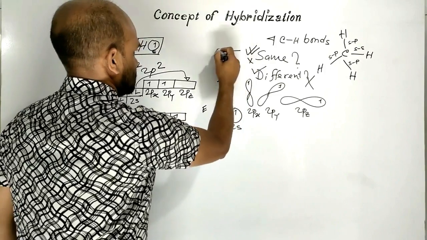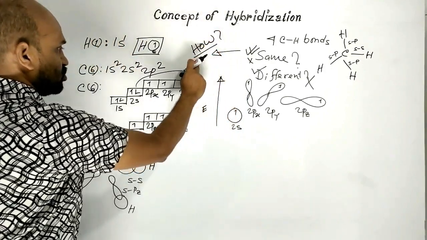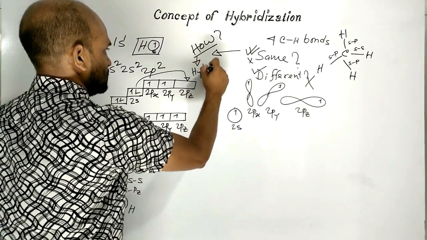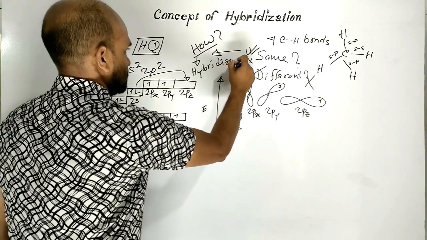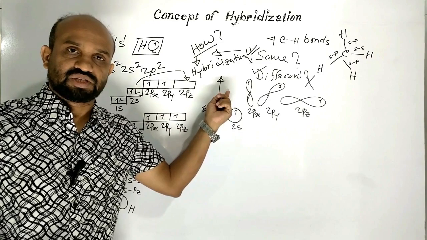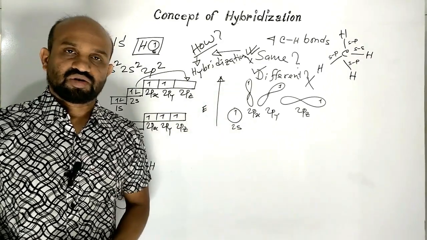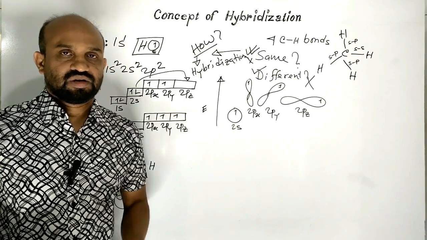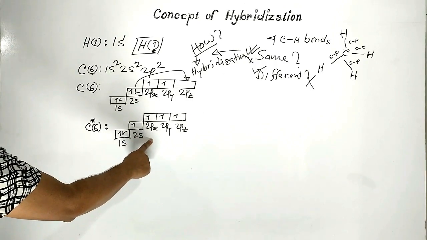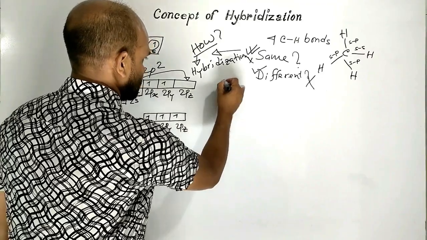How? This question originated hybridization. The four carbon-hydrogen bonds in methane are the same, but how? This matter originated hybridization. Let's try to solve this question now. Orbitals of carbon at the excited state. Let's write the orbitals again.